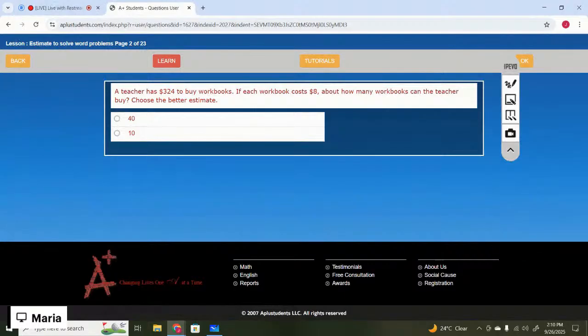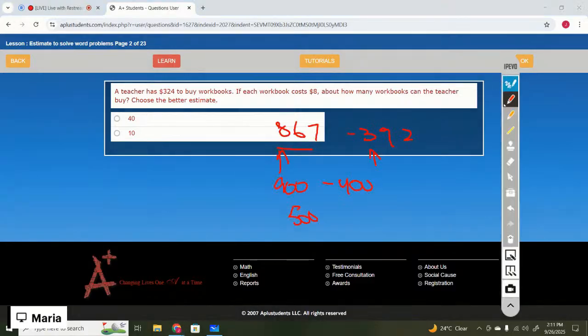A teacher has $324 to buy workbooks. If each workbook costs $8, about how many workbooks can the teacher buy? So $324 to buy, and each workbook costs $8.